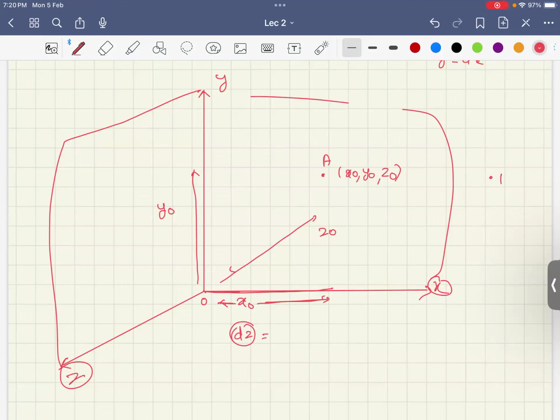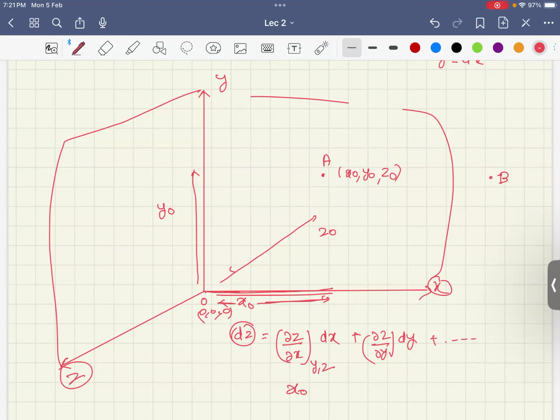Let us assume that I am going from 0 to A only. In that way, it is going to be del z by del x at constant y, z, that means this x0, multiplied by the differential dx. Then del z by del y will be whatever distance we travel in the y direction, multiplied by dy. I am just telling this for three variables, 3D.